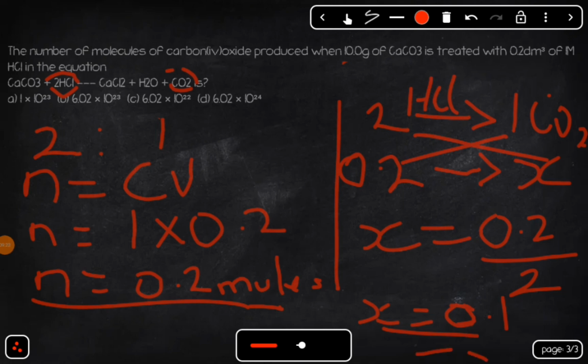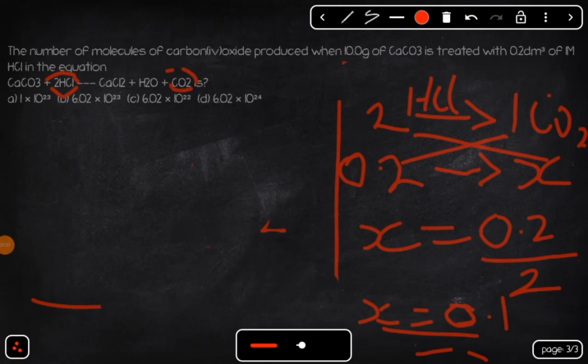After getting the number of moles of CO2, don't forget the number of moles for CO2 that we got in the other method was also 0.1. So using the same formula, we are still going to get the same answer. Number of moles is equal to number of molecules over Avogadro's constant.